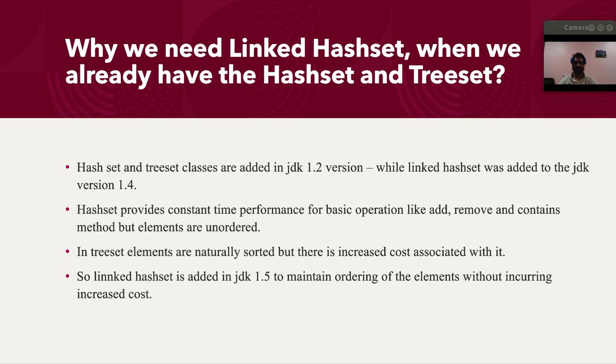In a tree set, elements are naturally sorted, but there is an increased cost associated with it. In a tree set, we can get the elements in a sorted order, right? But it increases the performance issue, right?